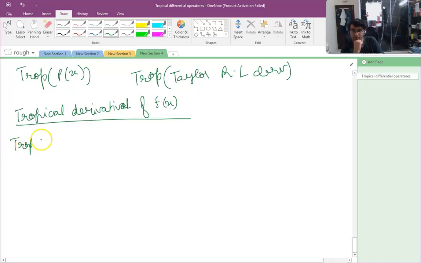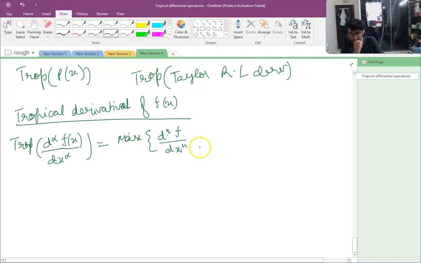the trop of d alpha by dx alpha of f of x, which is equal to the max of the set that contains the terms d n f by dx n, minus gamma of n minus alpha plus 1, plus n minus alpha into x minus a.